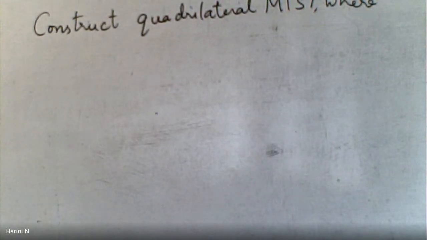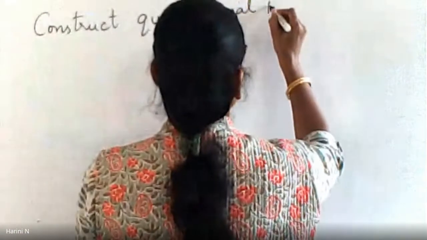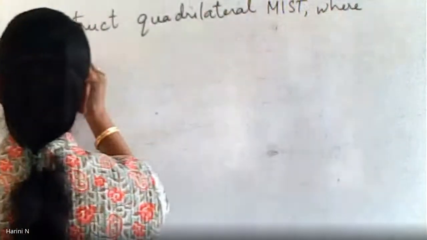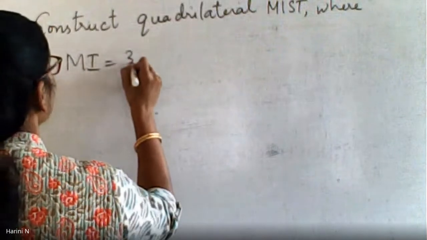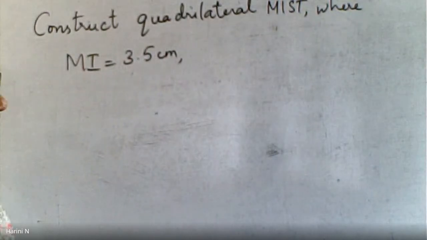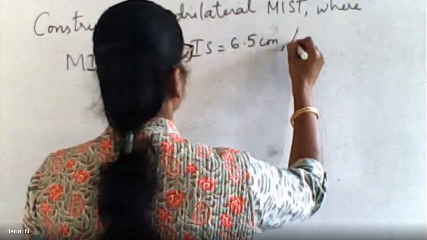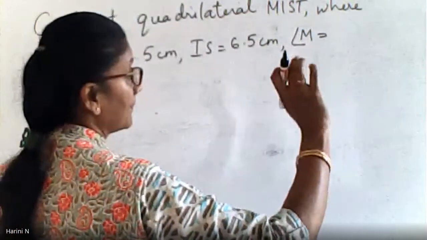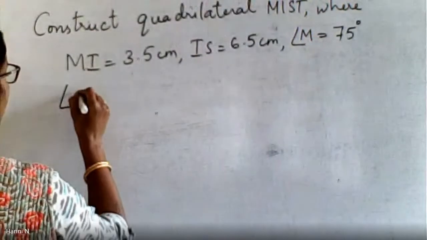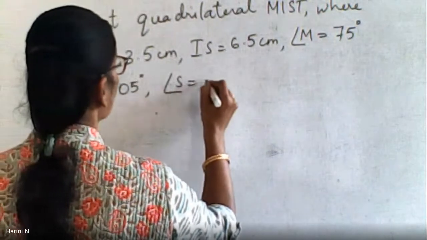Consider quadrilateral MIST where MI was given as 3.5 centimeters, IS was 6.5 centimeters, angle M was given to be 75 degrees, angle I was 105 degrees, and angle S was 120 degrees.